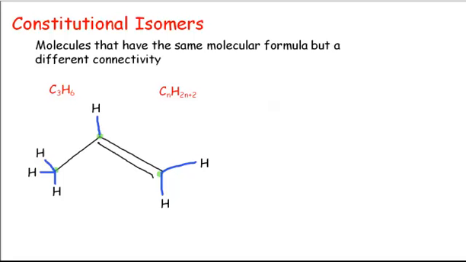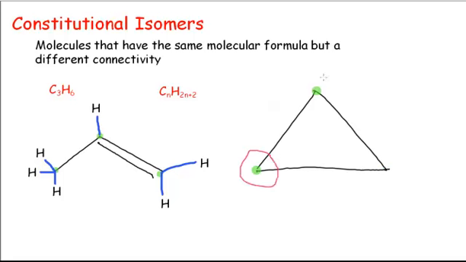Turns out there's another way that I can arrange C3H6. I can arrange my 3 carbons into a ring. So let's analyze this structure a little bit more carefully. I have 1, 2, 3 carbons. Let's go ahead and add all of our hydrogens.